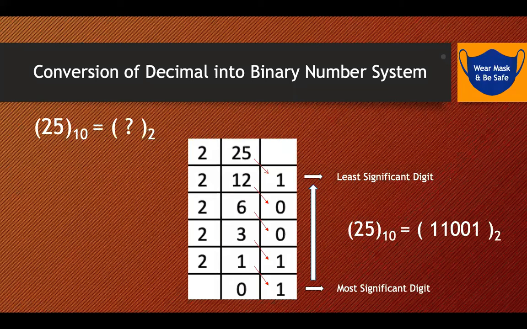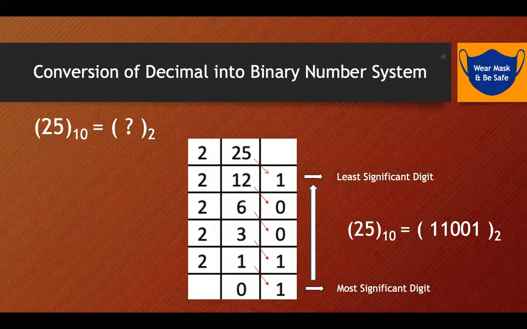The answer will be, we'll move from downwards, 1 1 0 0 1. We have started from down. We have to start from down when we write the answer.